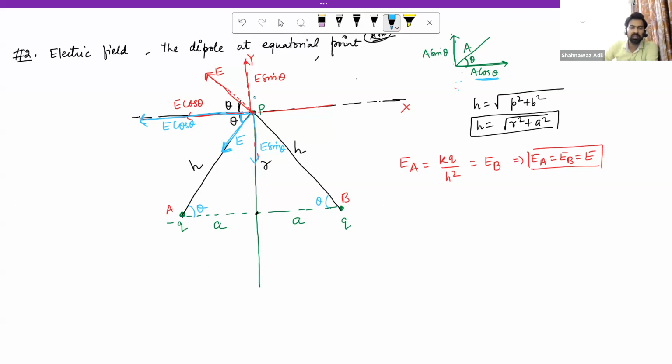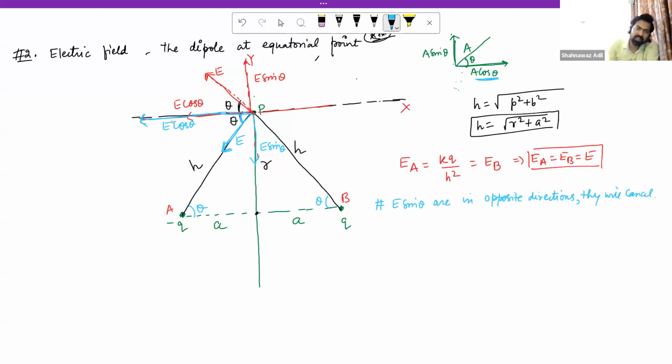So they are in different direction and will cancel each other out. So we will write that E sin theta components are in opposite direction, so they will cancel.